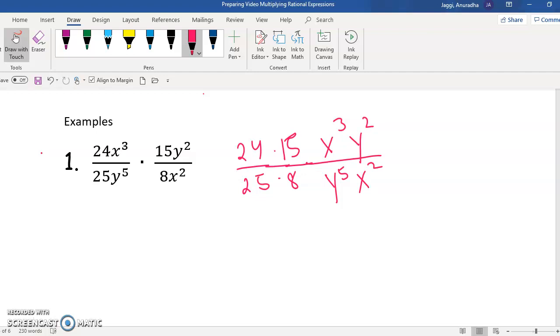Okay, look at the numbers now first. If you can recognize 8 goes into, or you can see your multiplication table also, does anything go into anything here? 8 goes into 24. 8 goes into 24 3 times. So you have your 3 here. Now you can multiply. So you have smaller numbers to deal with here. You can multiply your 3 and 15 and you will get 45, and in the denominator you have 25.